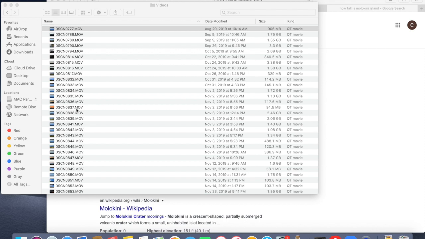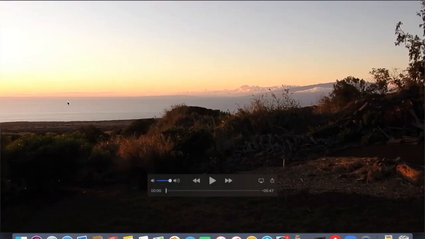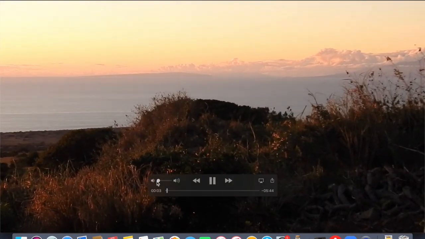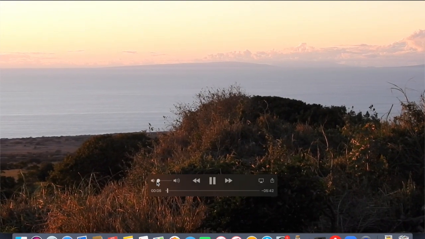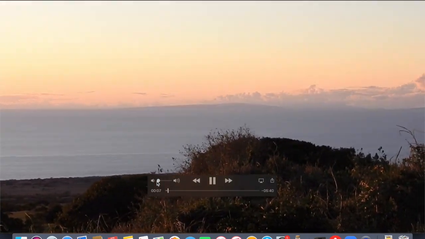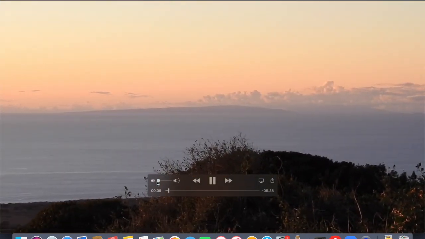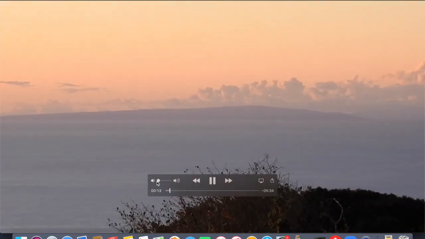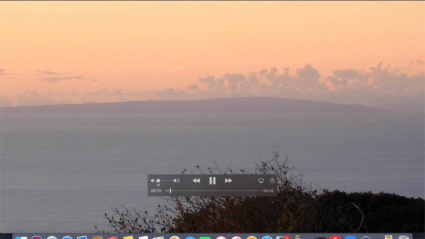Let's look at another shot of it from the same point. Sunset shot. Got Kahoolawe in the foreground. It looks bigger than Lanai, which is next to it.